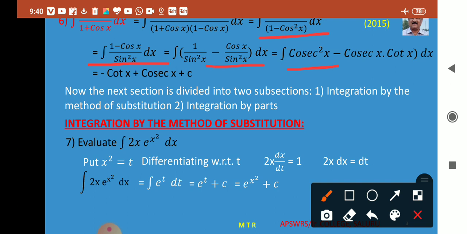You put minus here. From here the denominator is sine square x, that means sine x into sine x. For 1 by sine x, we write cosecant x. The remaining cos x by sine x is cot x. We write this as minus cosecant x into cot x. You know the integration of cosecant square x is minus cot x.